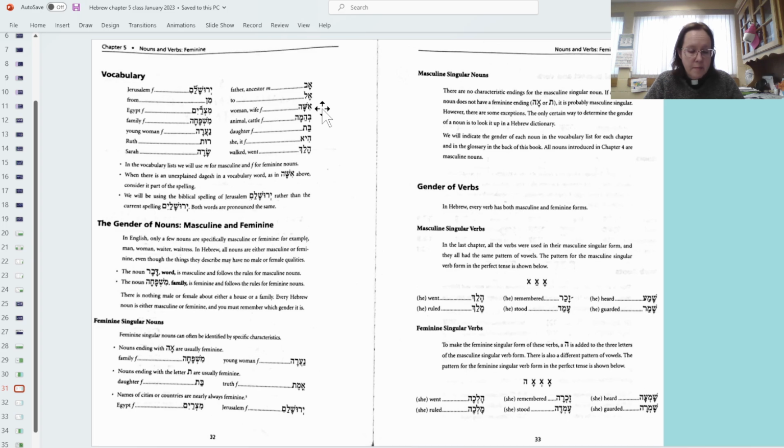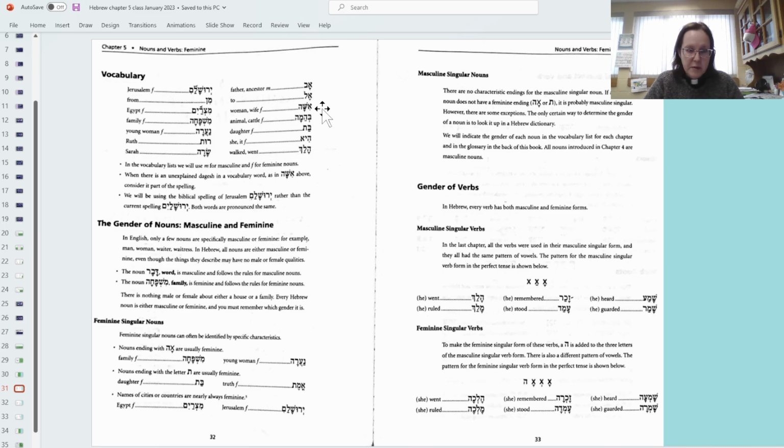Min is from. Mizraim is Egypt. Mishpacha, family. Then we have Na'ara, which is young woman. Na'ar is young man.